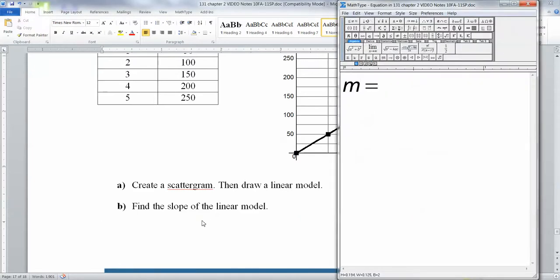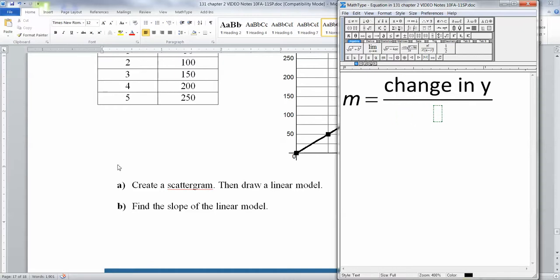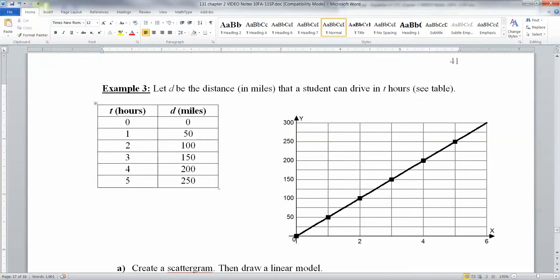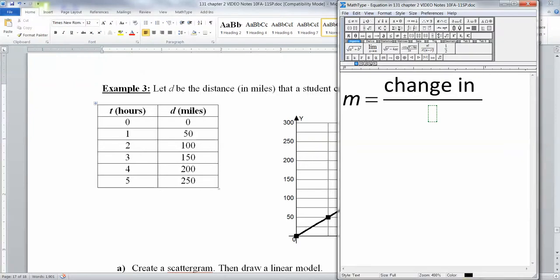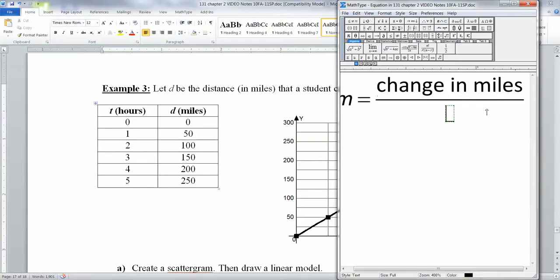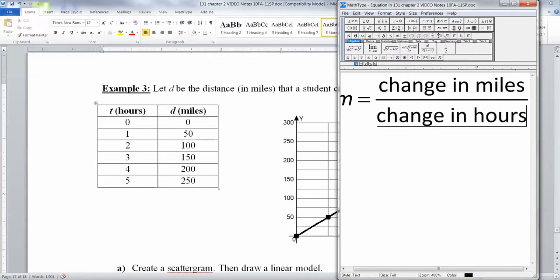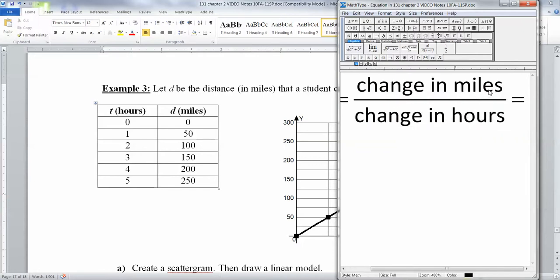Slope is the change in y. Okay, now y for us was distance. So it's going to be distance, or miles, let me put it that way. Change in miles over change in hours. Okay, change in y over change in x.